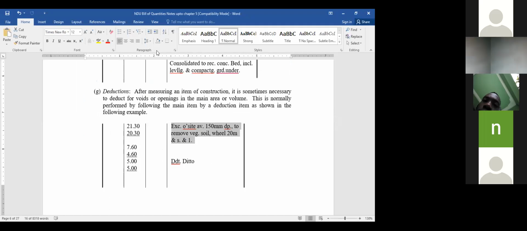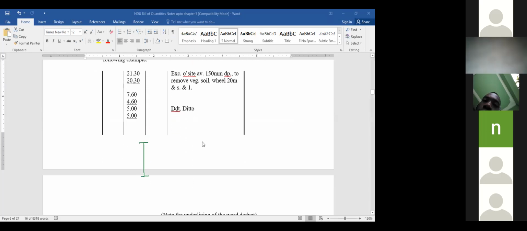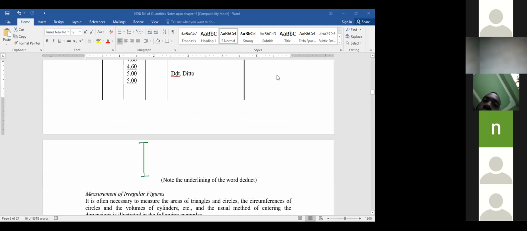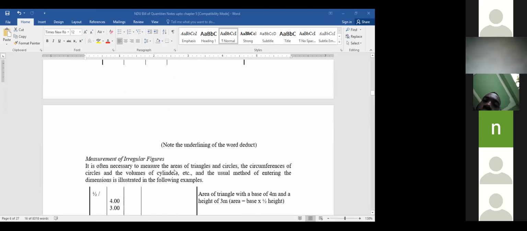And this is a typical case where you have to bracket, because these are two dimensions and they both belong to this description. We need to underline the word deduct.